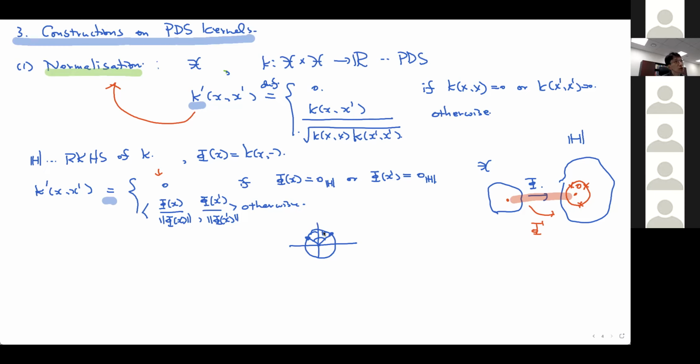Usually the inner product considers two factors: one is the size of each vector, and the other is the angle. If you take this normalization, it forgets the information about the size, so that we can focus purely on the angle, which is in some sense the relationship between the two inputs. So this normalization lets us focus on the relationship between two inputs without being distracted by the sizes of their encoding.